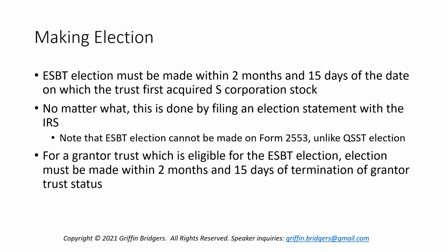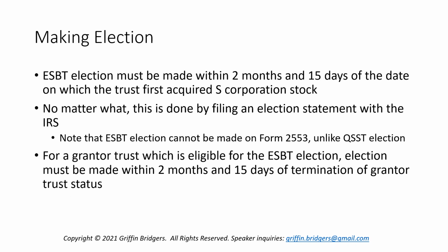So to make this election, there's a timing aspect. It has to be made within 2 months and 15 days of the date on which the trust first acquires S corporation stock. And that election relates back to that date of acquisition of S corporation stock. Now, how do you make this election?